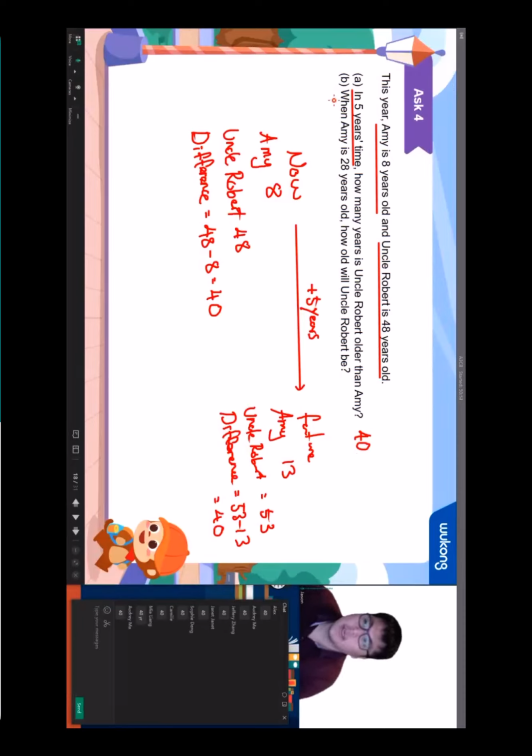Now, when Amy is 28 years old, how old is Uncle? We don't need to do anything more. We know that Uncle is 40 years older, so all we need to do is 28 plus 40, which is 68.